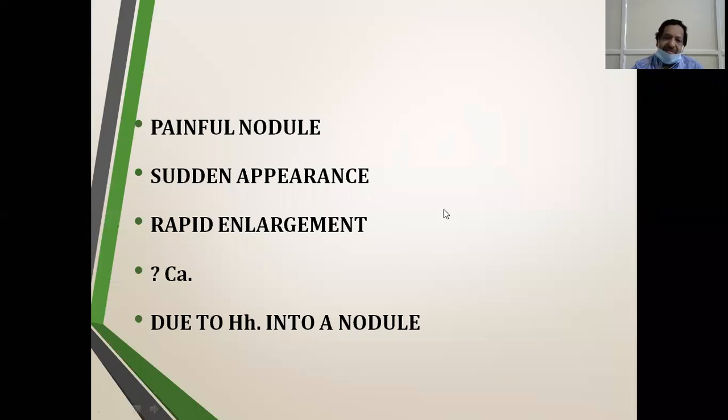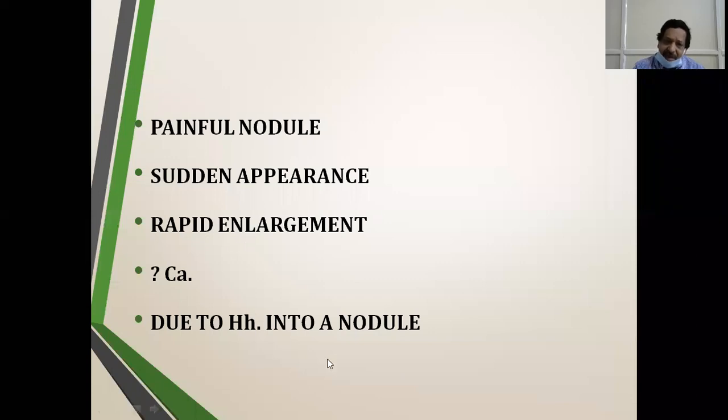It suggests there are multiple nodules. One nodule suddenly becomes painful, or sudden appearance of new nodules, or a nodule which is present for a long time, rapidly enlarging. Think of carcinoma first. It may be due to hemorrhage into a nodule, but this is secondary consideration.